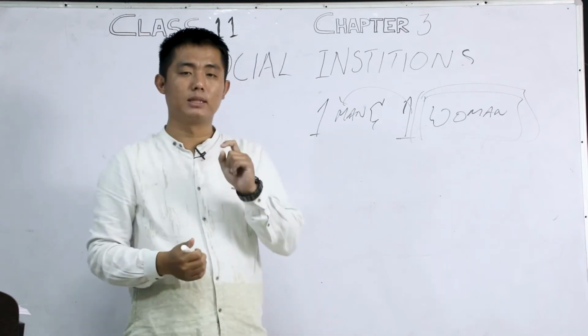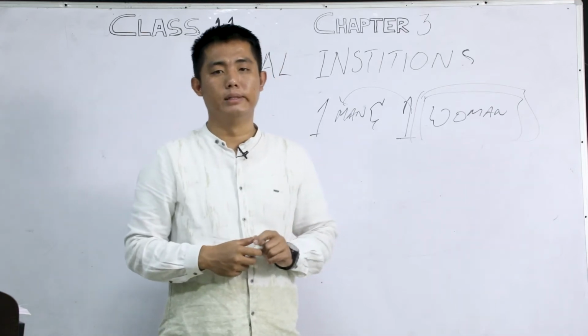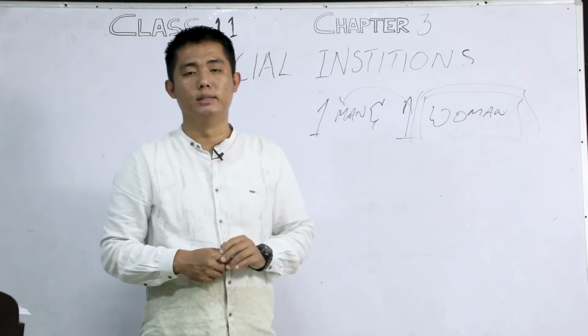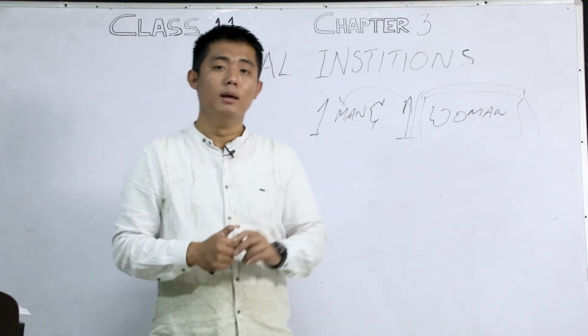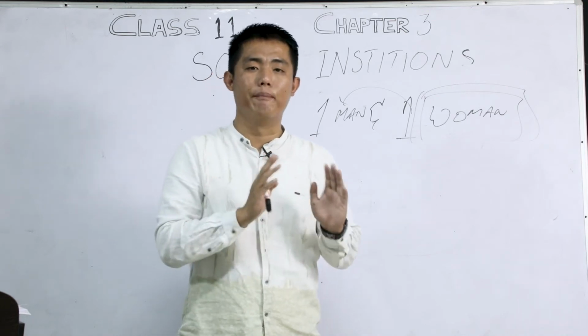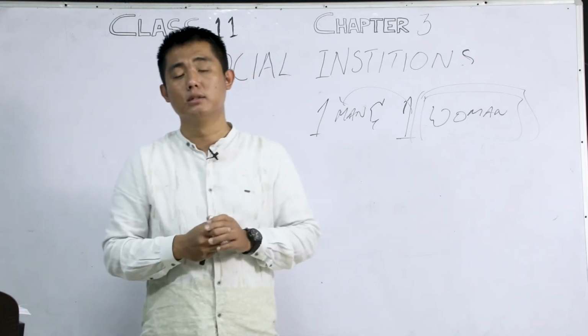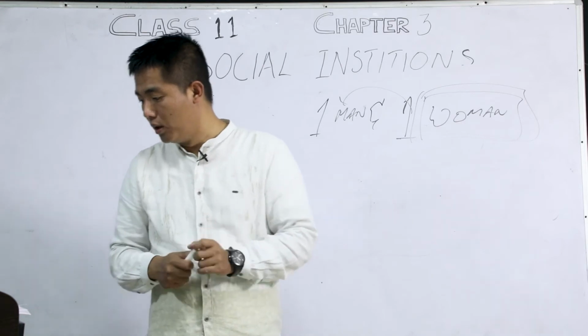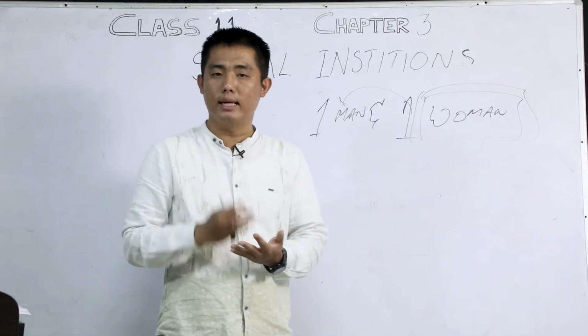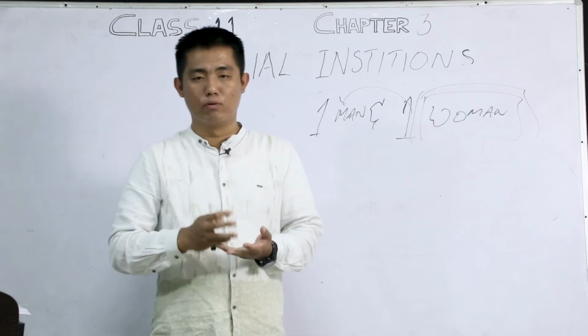So one person can only marry one partner. That is what it means here. Now, this monogamy is the most accepted type of marriage which we can see in the society. Here, the same thing: how does the marriage come to an end? It is either death or through divorce.